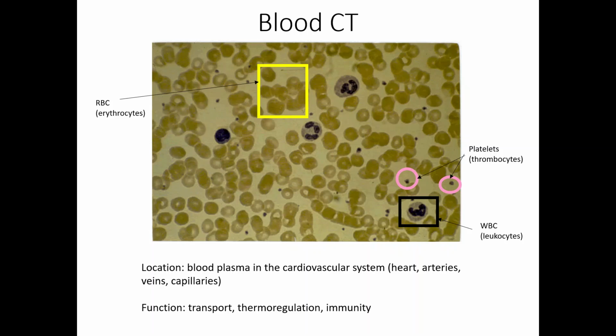In our minds, we want fire engine red, and they're usually just not that bright. But here's how you can tell the difference. First of all, you are going to have so many more red blood cells than any other thing in whatever image or slide that you are looking at. Erythrocytes are the predominant cell that you will see.